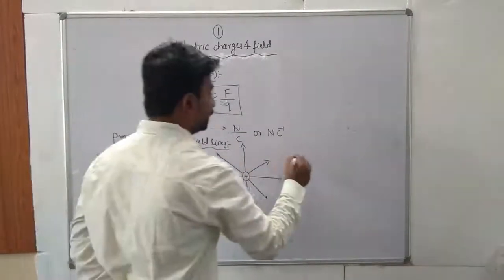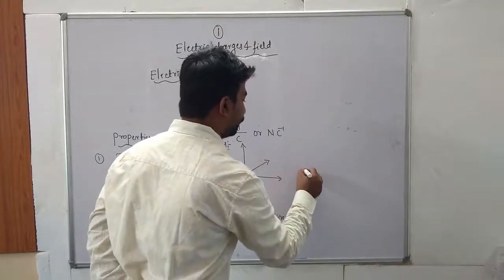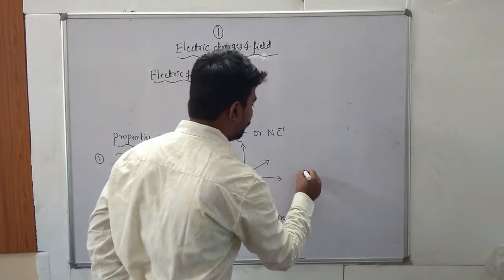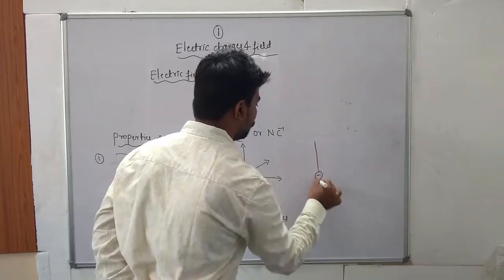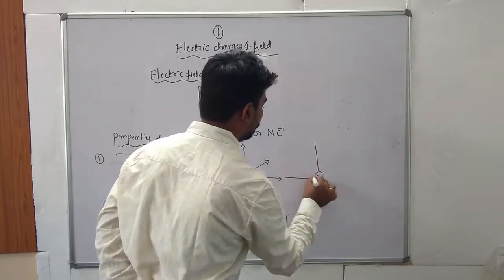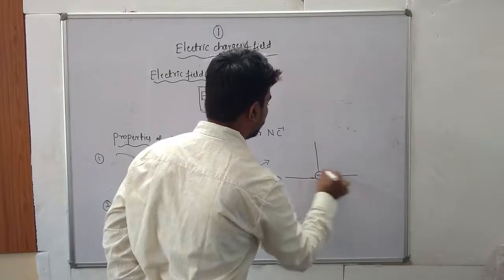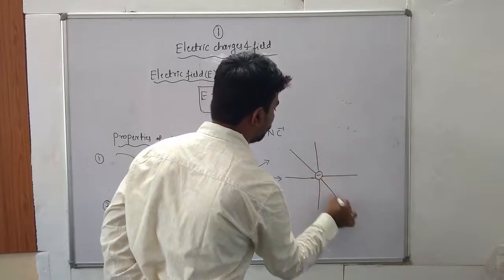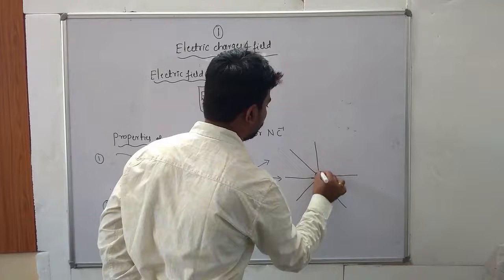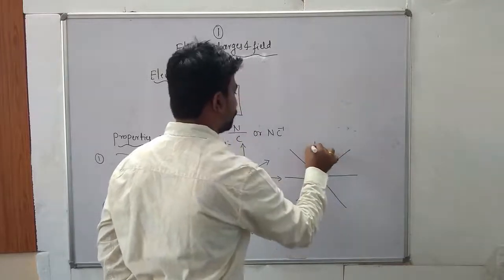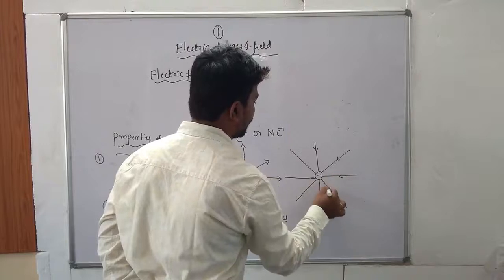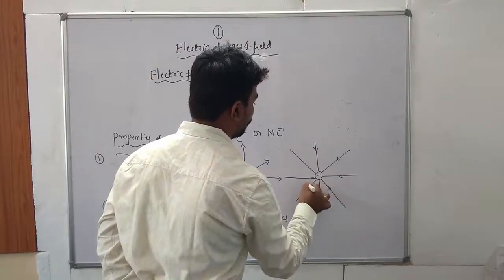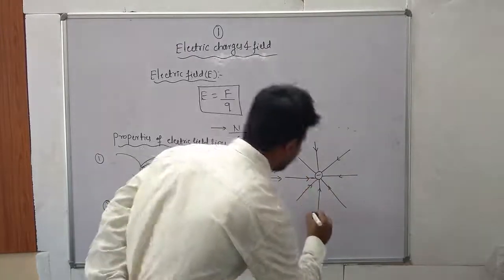Similarly, draw the converging field lines around a negative charge. Converging means arrow marks pointing inward, like this.